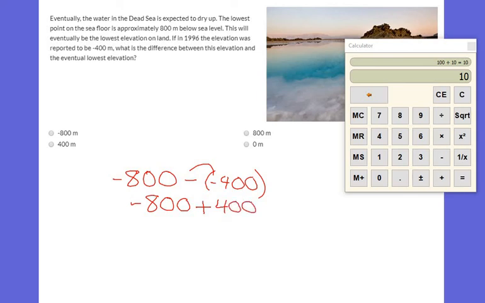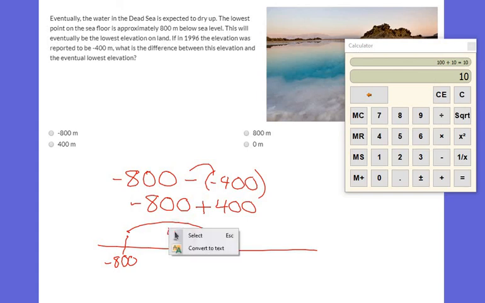So it really says negative 800 plus 400. If I'm way back here on negative 800 on the number line, I'm adding 400. So am I going back more? No, I'm going forward more, so it's going to look smaller. I'm going forward 400. So I'm going to be at negative 400 at that point.